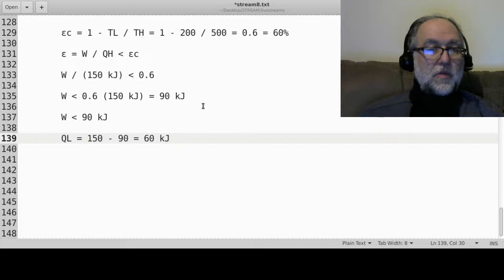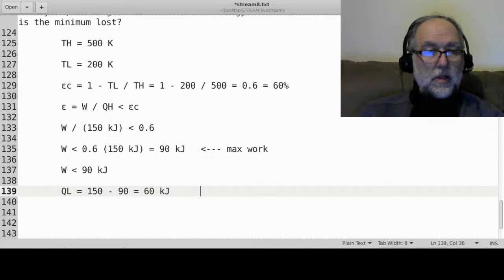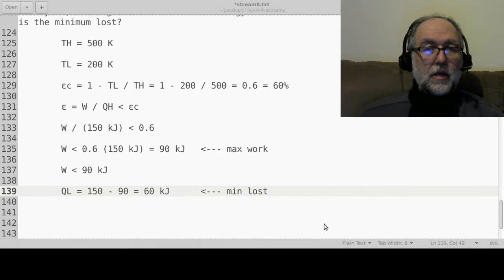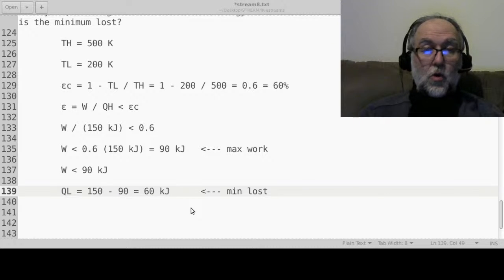So this here is the max work, and this here is the minimum lost. You absorb 150, the maximum amount of work you can do is 90 kilojoules, and the minimum you would lose would be 60 kilojoules to the cold.